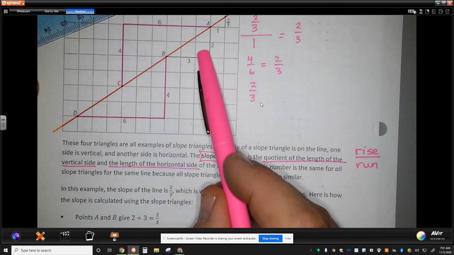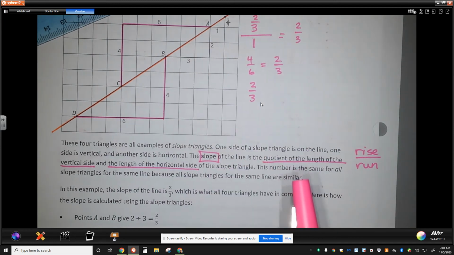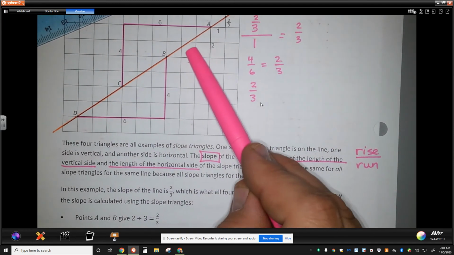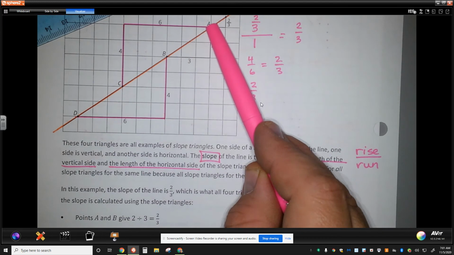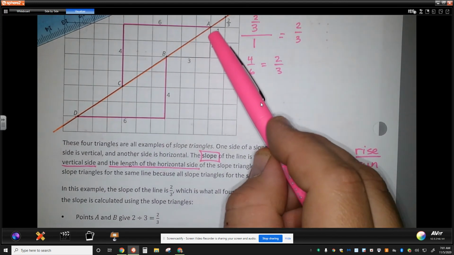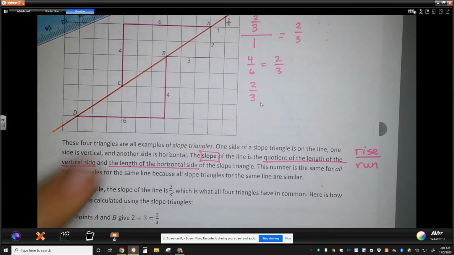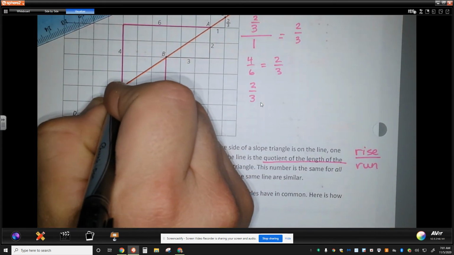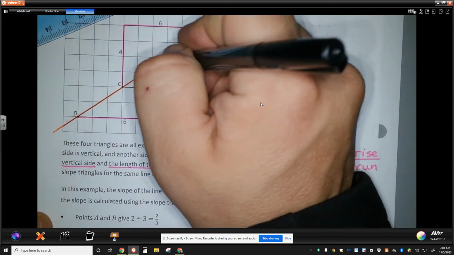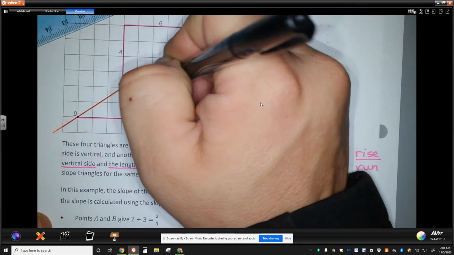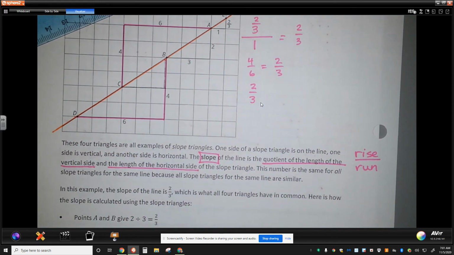I could take this triangle right here and translate it from A to B, and that little triangle would line up right in this spot. It's the exact same triangle translated down.